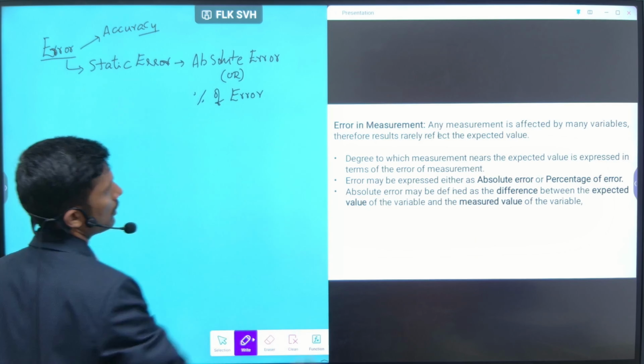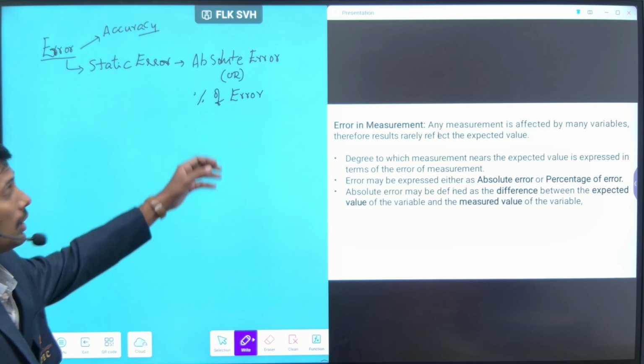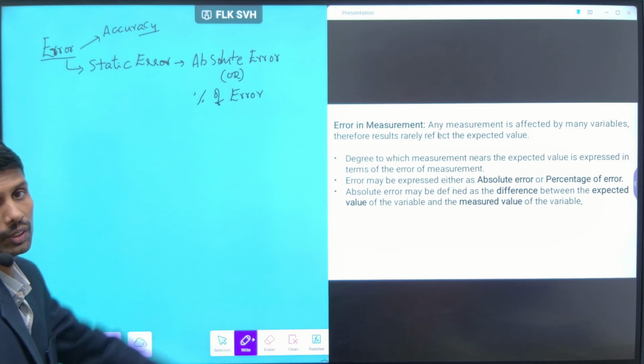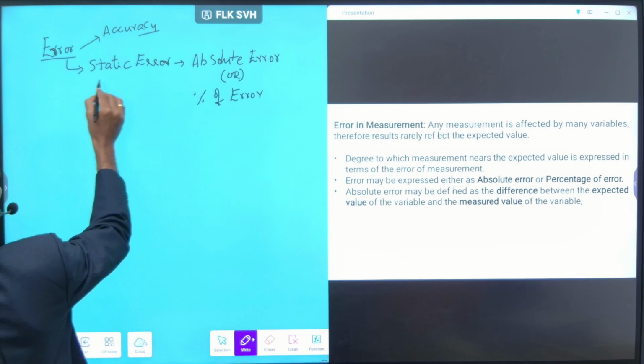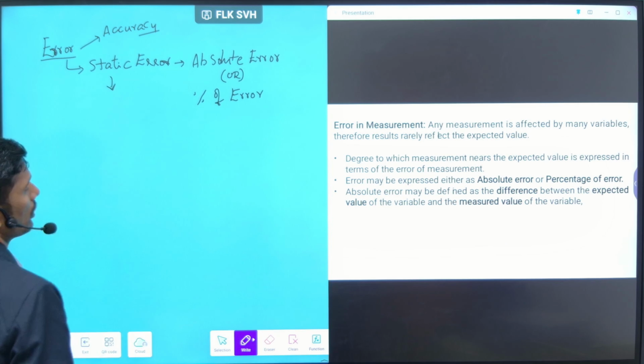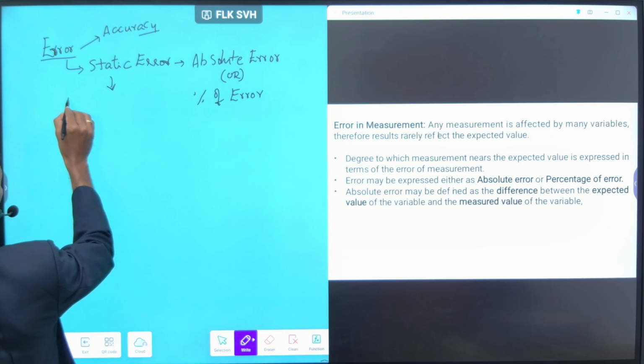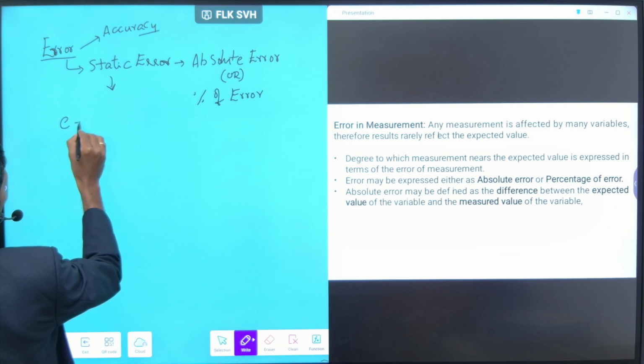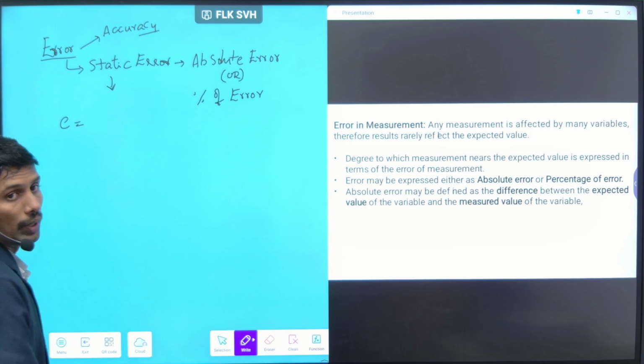As usual, the definition of static error is the difference between the expected value and the measured value.